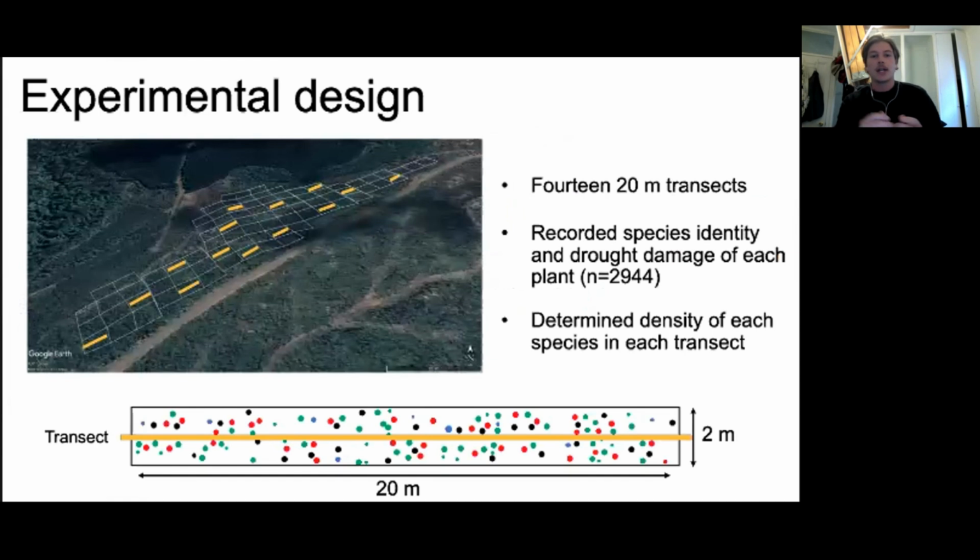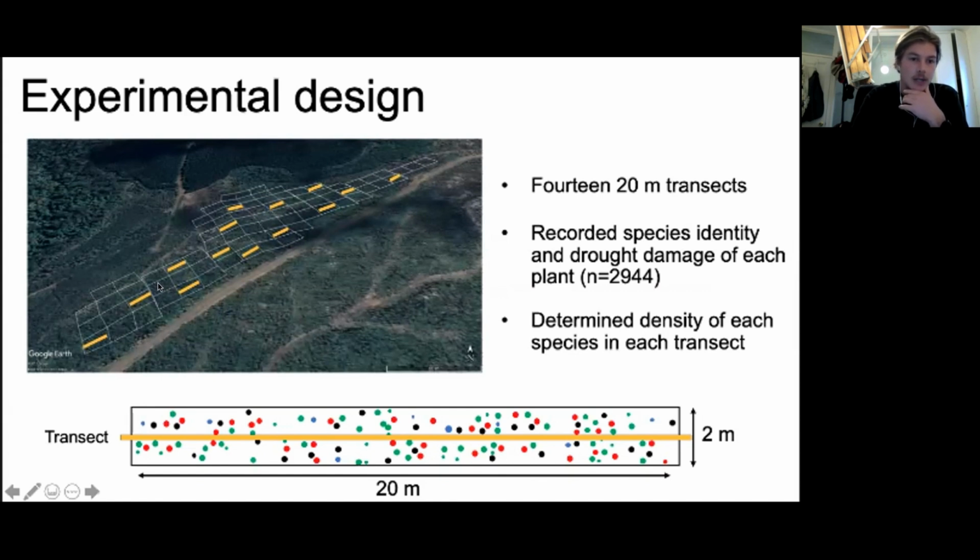There was a severe drought at the site over the 2018 and 2019 summer, and it caused substantial damage across the site. To capture and quantify this damage, we established 14 20-metre transects inside the main treatment plots, shown here by the yellow lines.